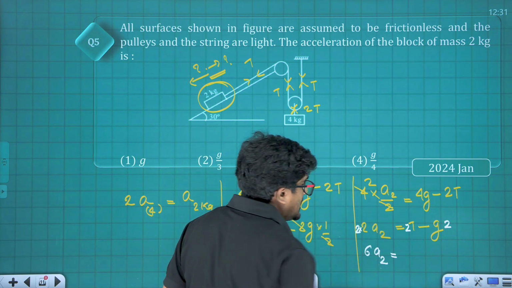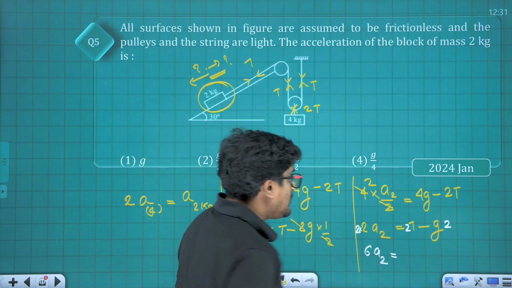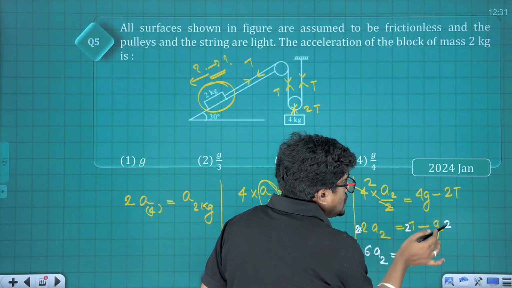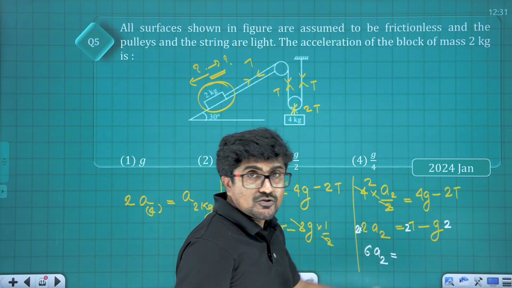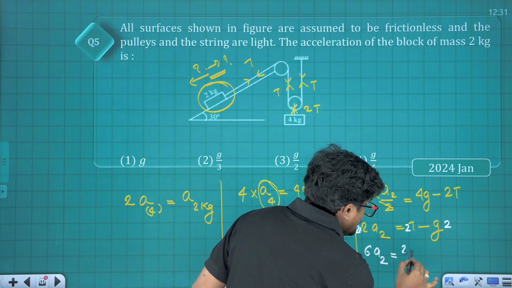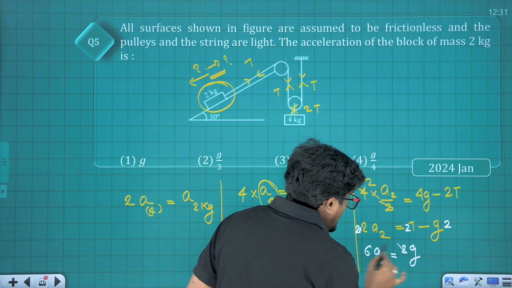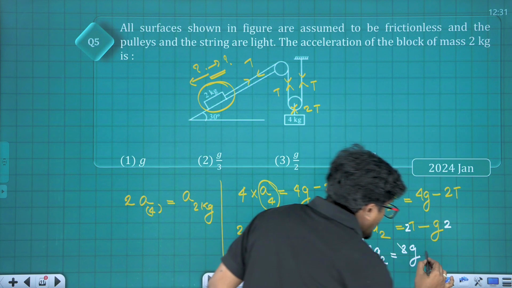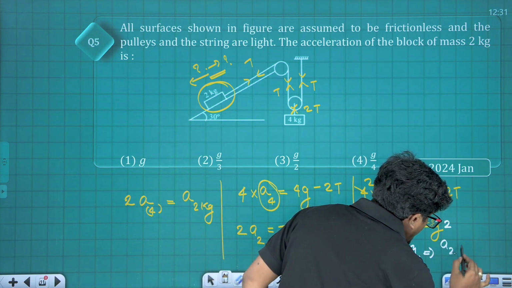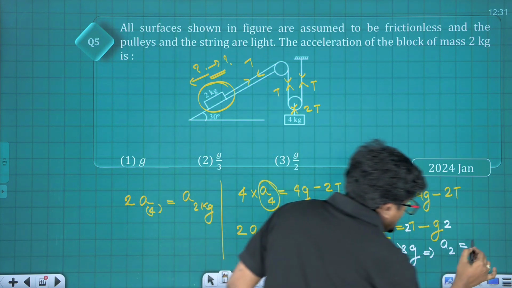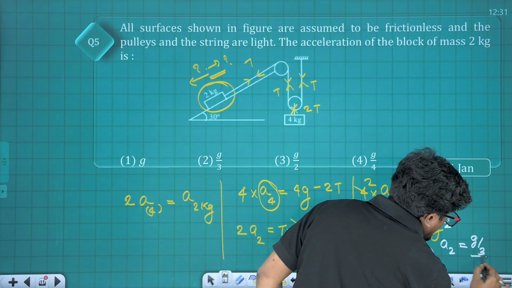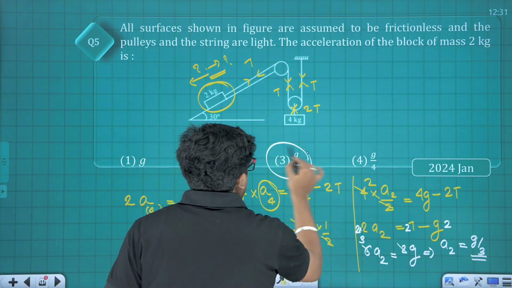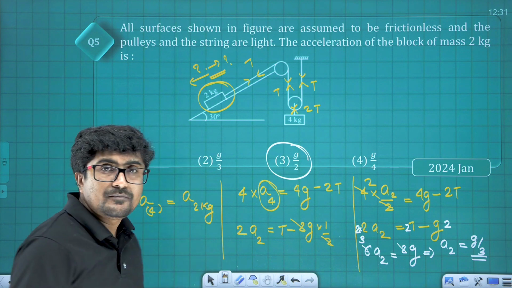That is now equal to, plus 2 and minus 2 will cancel each other, 4g minus 2g, that is 2g. So A2 is equal to G by 3, which means option C must be the correct answer in this case.